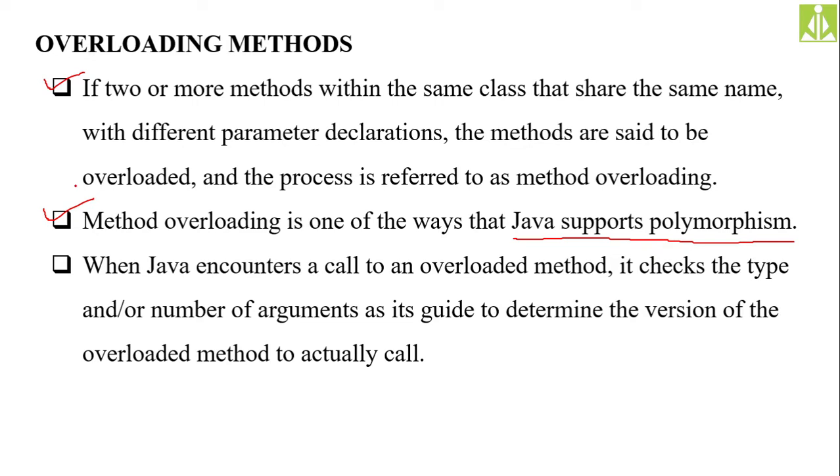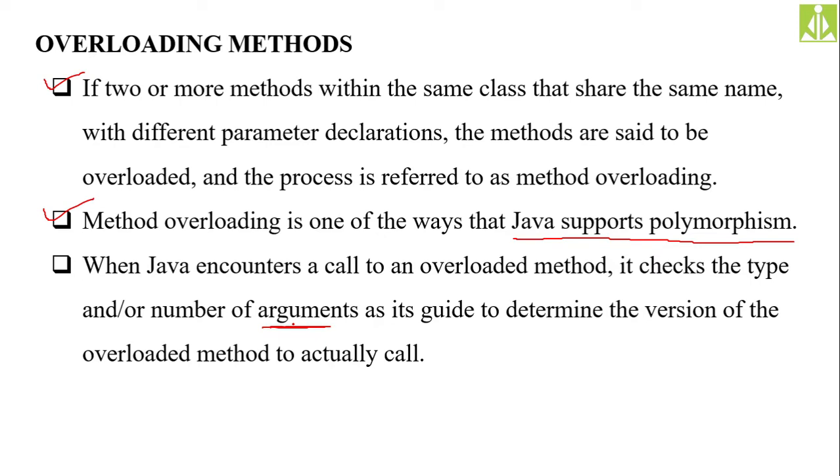Whenever the compiler, or the interpreter of Java, sees a call to an overloaded method, it immediately checks the parameters. It checks the parameter type as well as the number of parameters. Parameters are nothing but your arguments. It checks the type and number of the arguments, and it invokes the suitable method with the exact number and exact type of parameters.